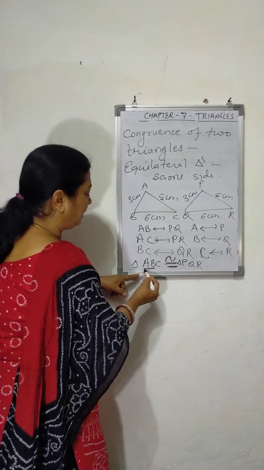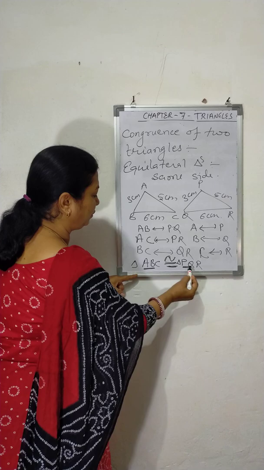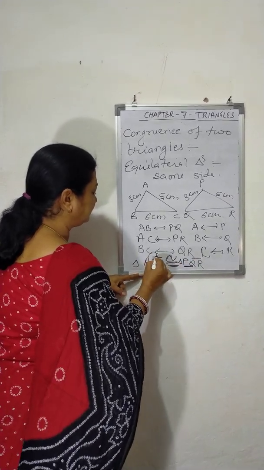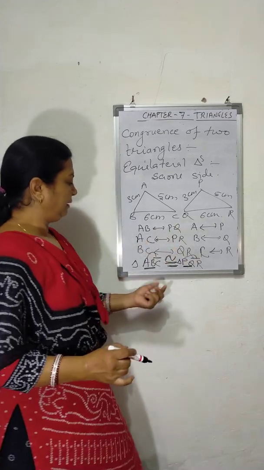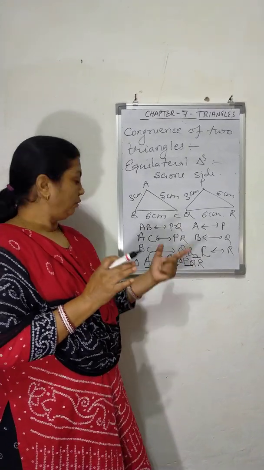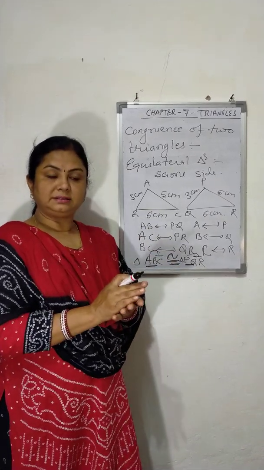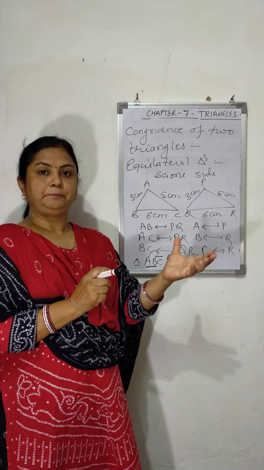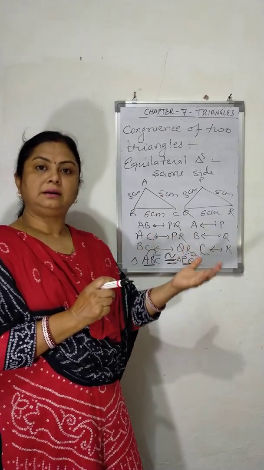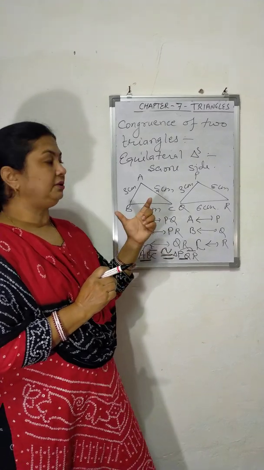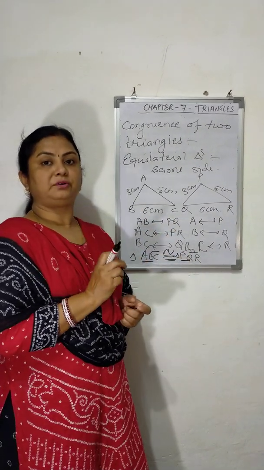Here AB is covering PQ, BC is covering QR, and AC is covering PR. It means they are corresponding sides. So we can say two triangles are congruent if their corresponding sides or corresponding angles are equal. And this concept we will use to write the names of triangles.